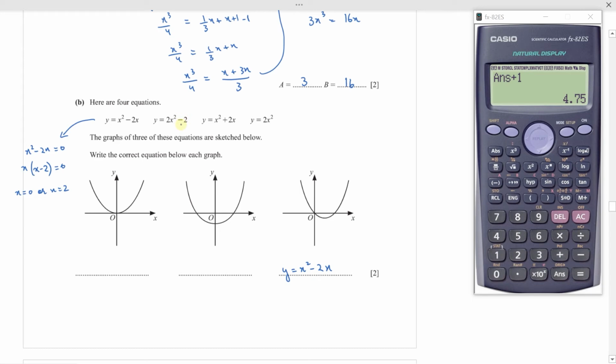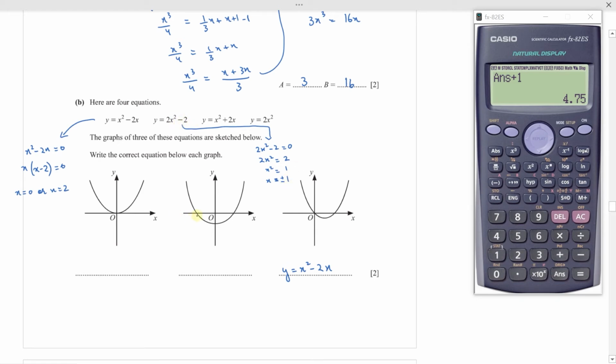The next one is, so let me bring it here. 2x squared minus 2 equals to 0. So this means 2x squared equals to plus 2. X squared equals to 1. So x will be square root of 1, which can be plus or minus 1. So for this equation, my x-intercept is plus 1 and minus 1.